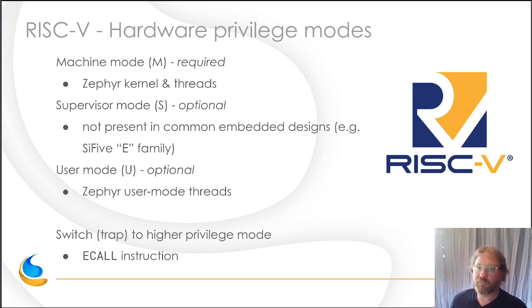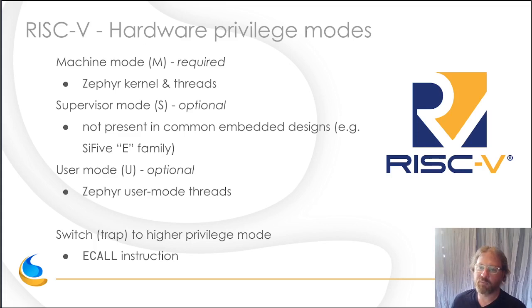First of all, RISC-V has hardware privilege modes. In the RISC-V spec, there are a few privilege modes defined. The first of which is machine mode. Machine mode is the highest privilege level, and it's the only privilege level that's required in the RISC-V spec.